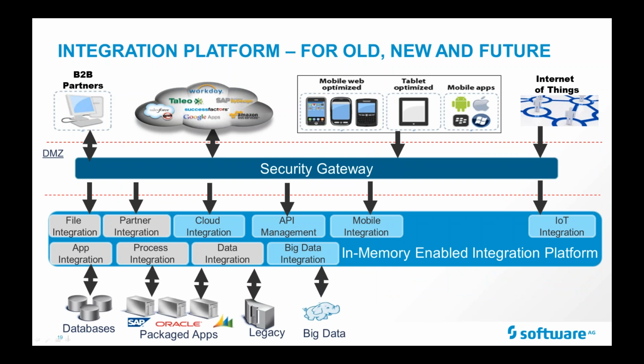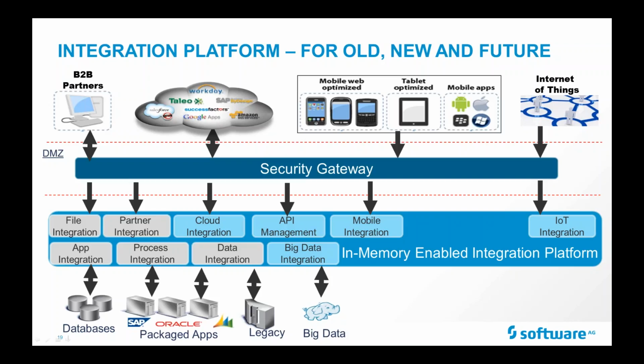Okay, so moving on to the next point, integration platform for old, new, and the future. This slide encapsulates everything that we want from the old and the new and the future as well. So you have databases, SAP, Oracle, package apps, legacy mainframes, and newly acquired big data systems. They're at the bottom. They're all integrated by an in-memory enabled integration platform.